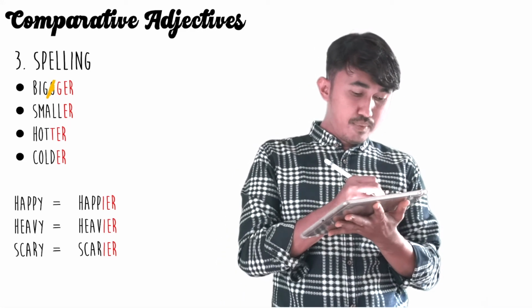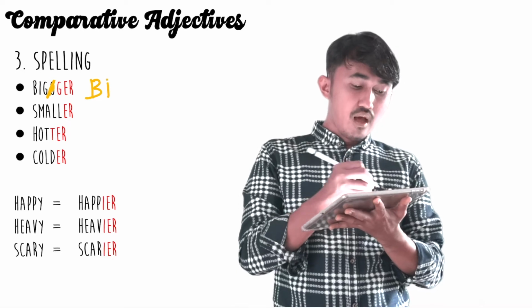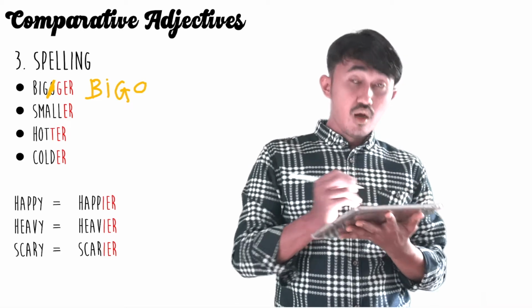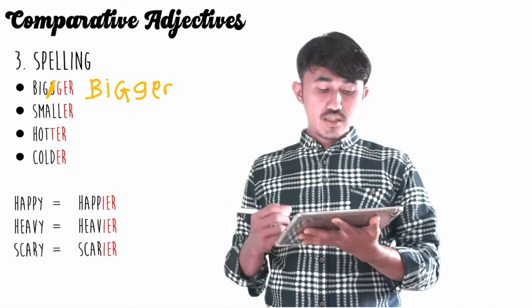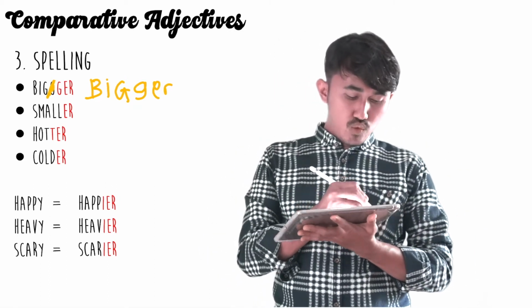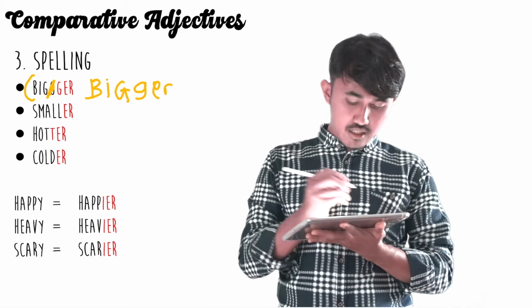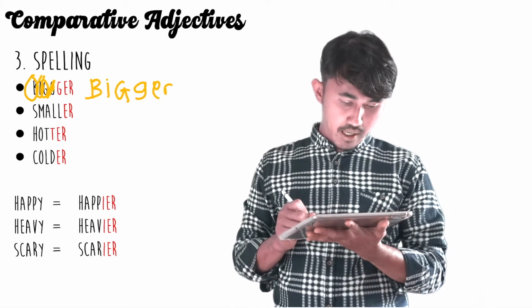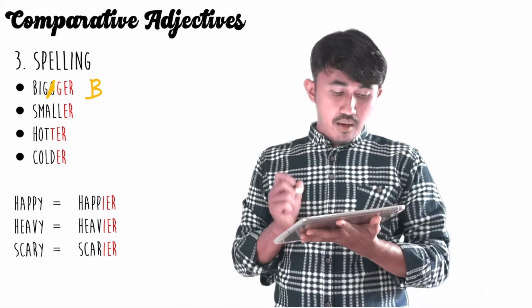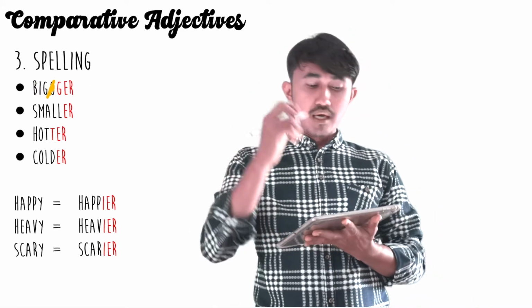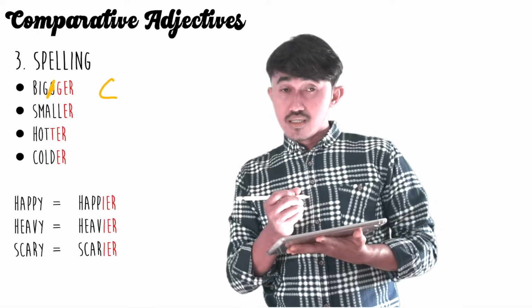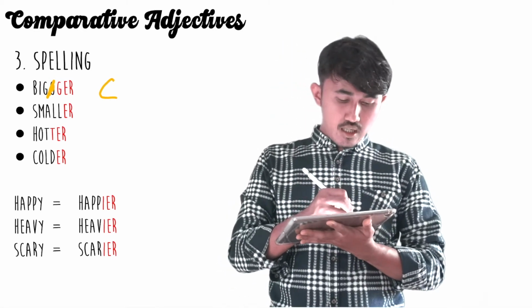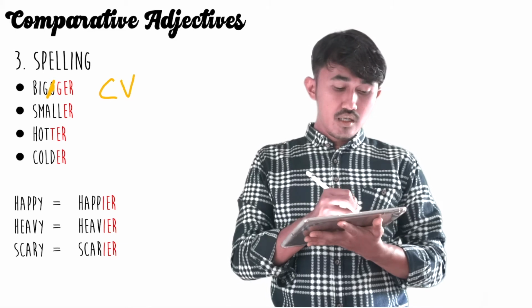So I have big, so I have to put bigger. Why? There are rules in the English language. For example, B-I-G. B is a consonant, I is a vowel, and G is a consonant.